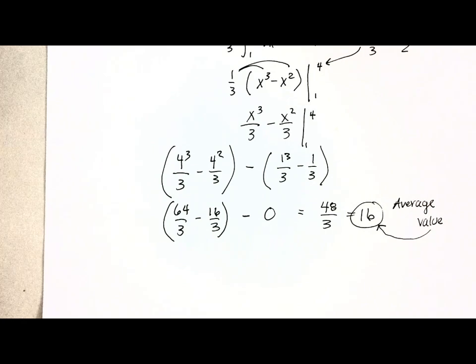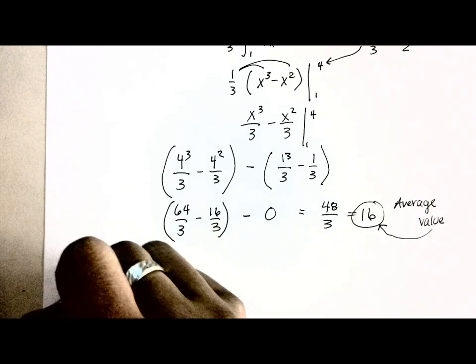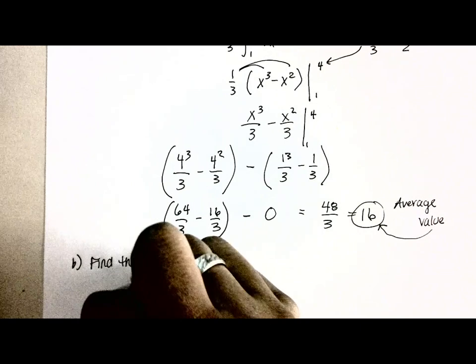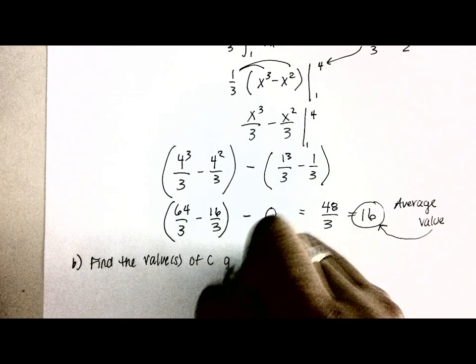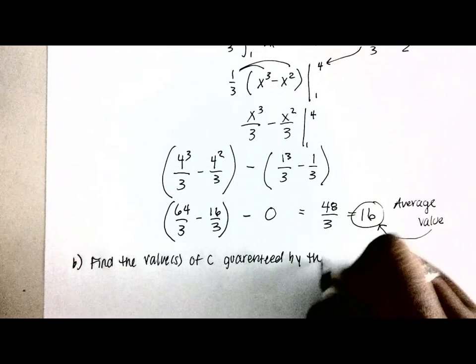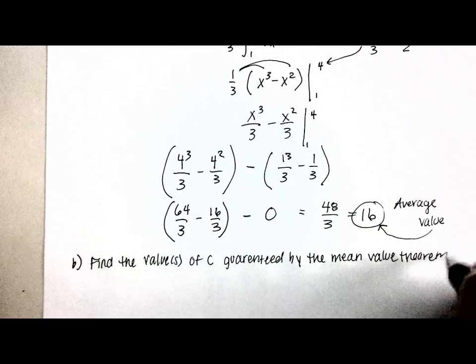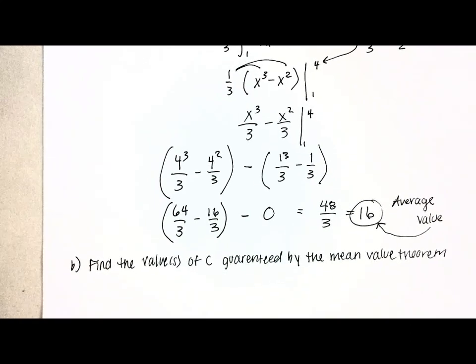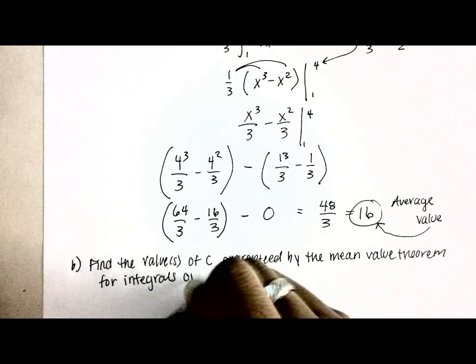So then, again, we have to use the average value to find the mean value. And so how they word the mean value is: find the values of c guaranteed by the mean value theorem for integrals on the interval.